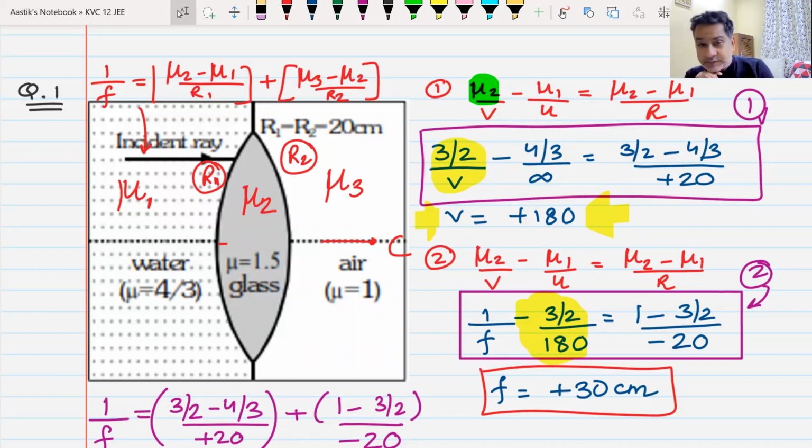The problem is that we have made a mistake in the formula. What is the mistake in the formula? Why was this one coming here? Because on the third side we had air. Yes or no?